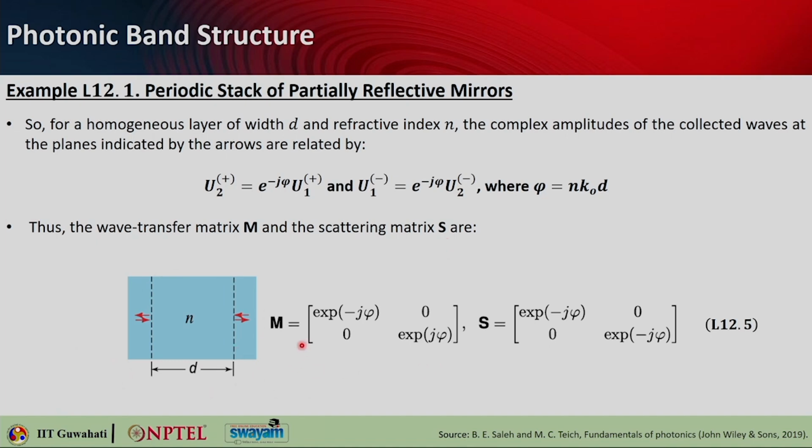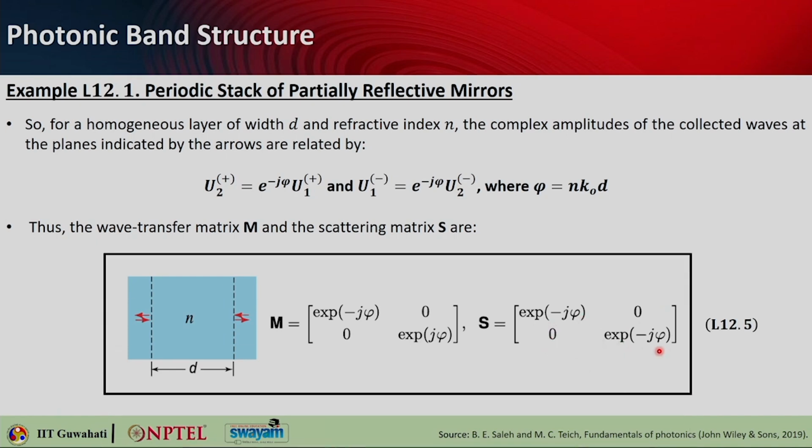So, the wave transfer matrix M will look like exponential minus j phi, 0, 0, exponential plus j phi, whereas the scattering matrix, because it tries to represent all outgoing waves in terms of incoming, not left and right, will look like e to the power minus j phi, 0, 0, e to the power minus j phi.